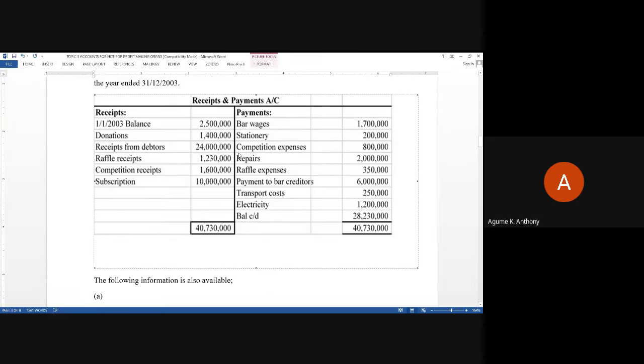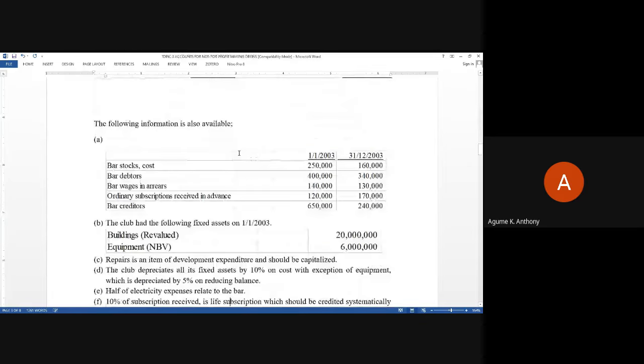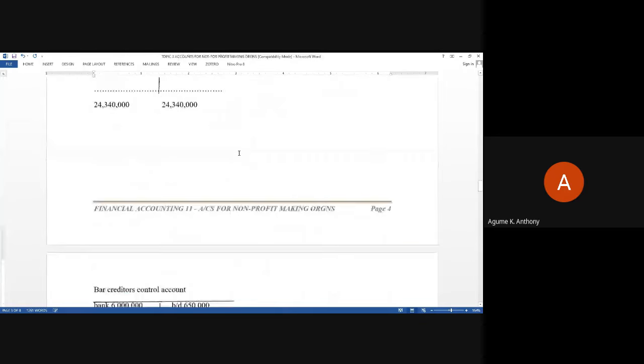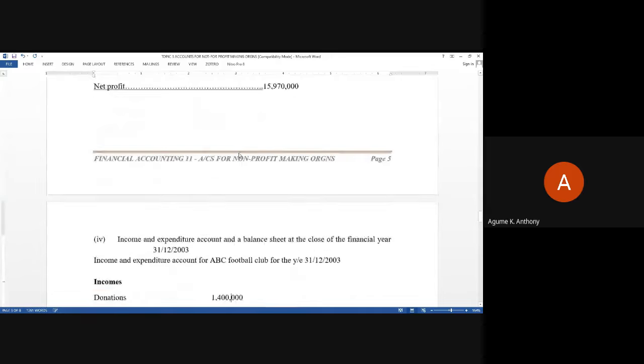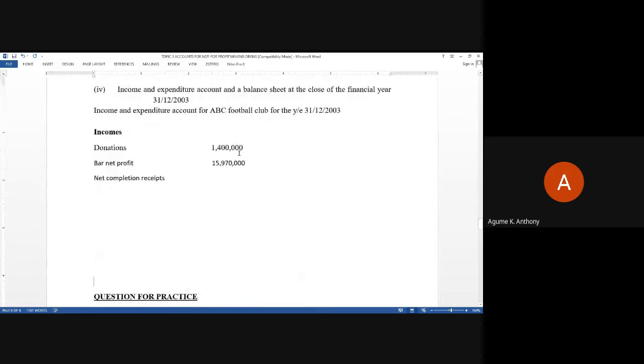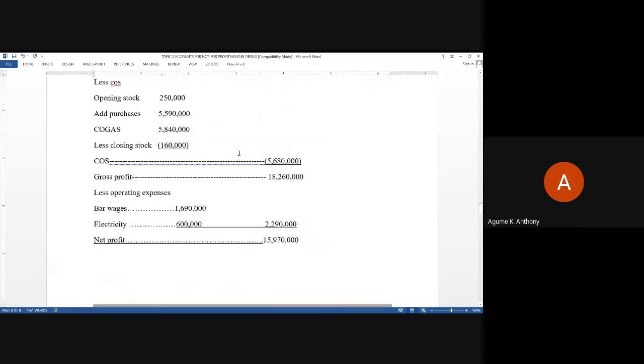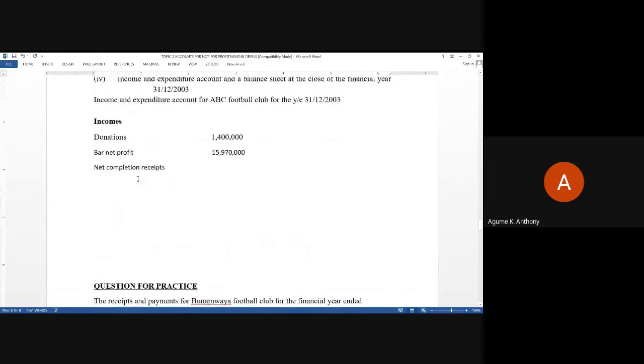So the net competition receipts, I will have 1.6 million.